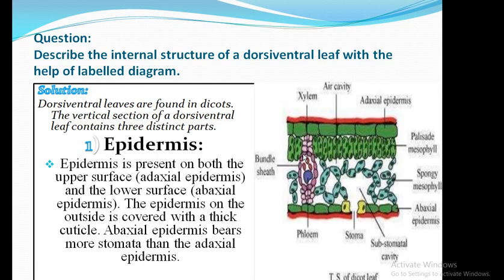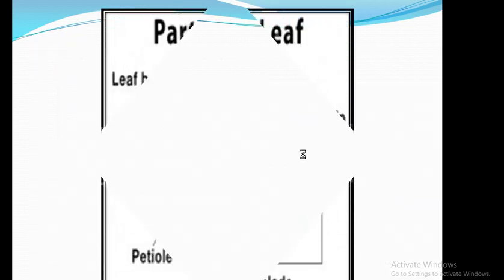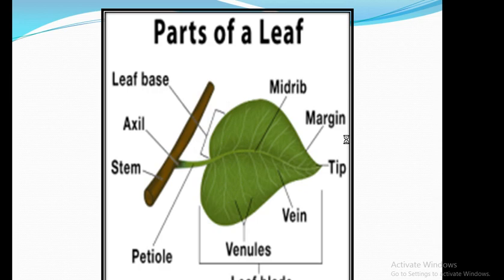If we look at the next slide, here is the margin of the leaf. If we look, here is the outer surface, as well as just below it, that means the abaxial surface, also having the same type of surface.